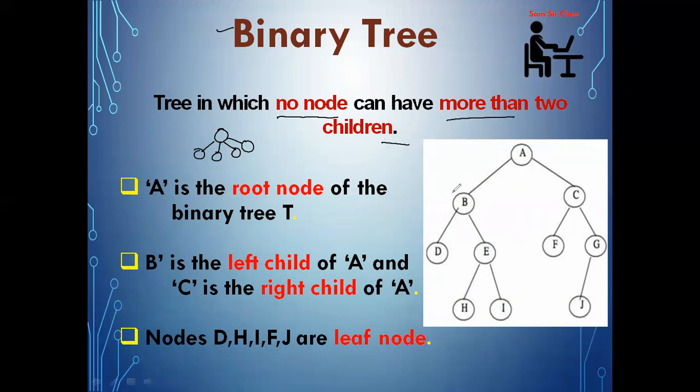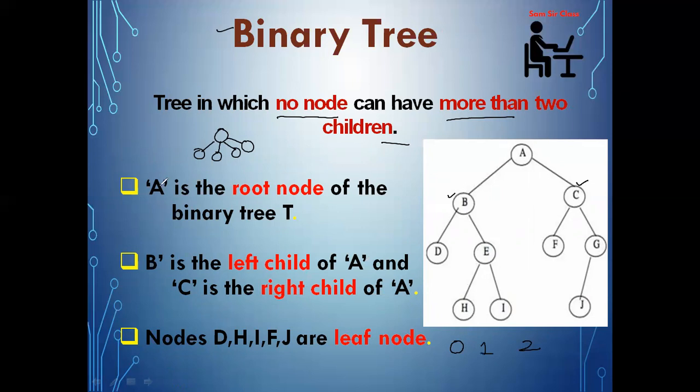That means there will be a left child, a right child, or both children, or like H, no child at all. So a node has zero, one, or two children. That is considered a binary tree.